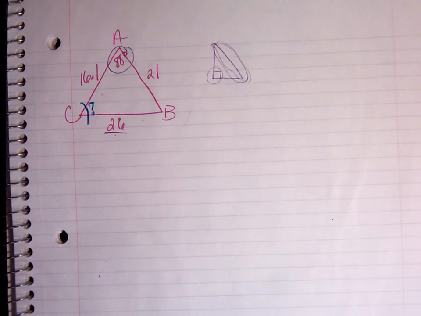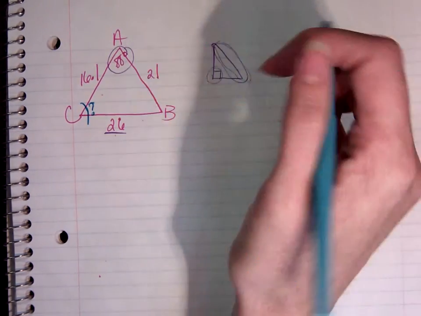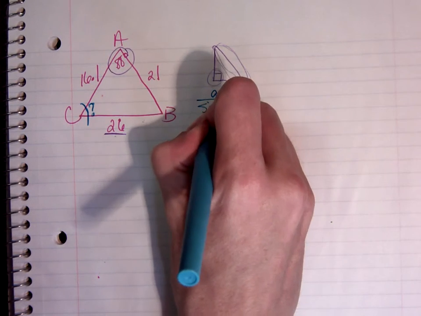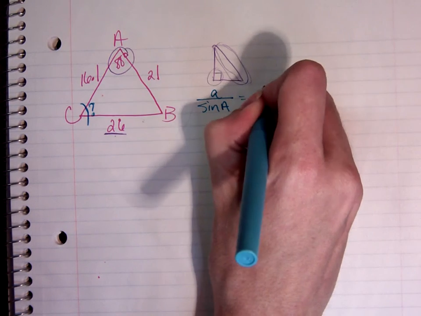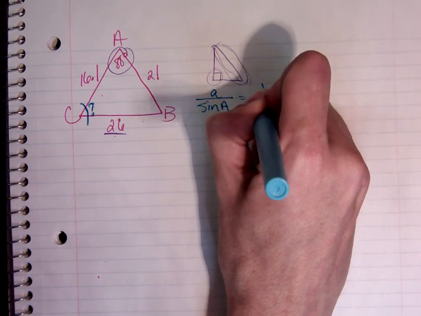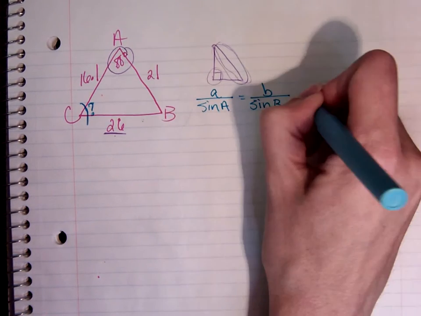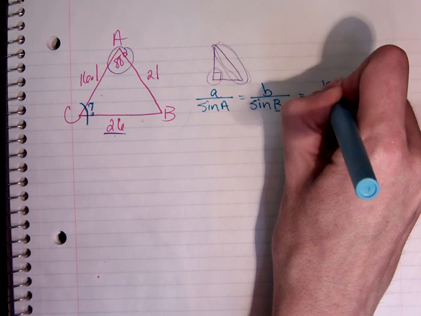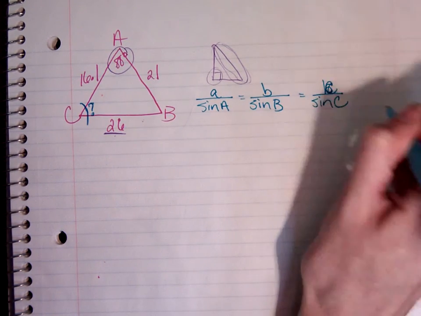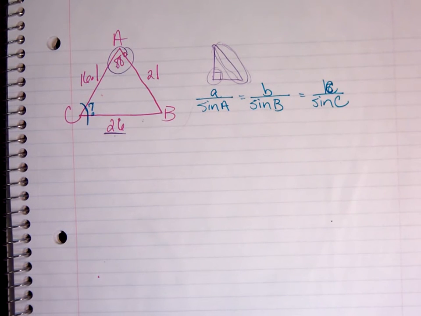We're going to use law of sines, where side A over the sine of angle A equals the ratio of side B to the sine of angle B equals the ratio of side C over the sine of angle C. And we're going to fill in the information we have.